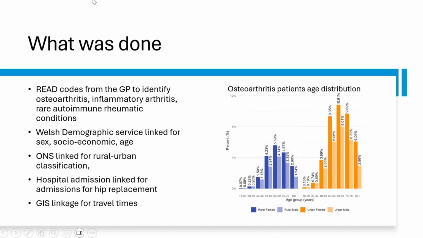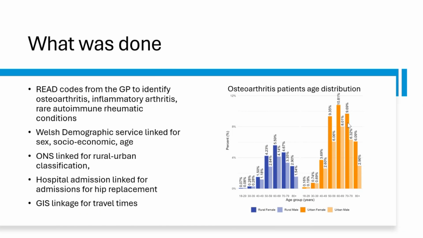So in order to look at this for the health boards, we linked the read codes from the GP to identify who had osteoarthritis, inflammatory arthritis, and rare autoimmune conditions. We linked the Welsh Demographic Service to look at socioeconomics, age, and the ONS rural urban classification in order to map where people lived.